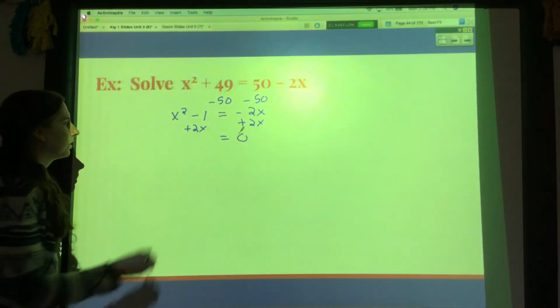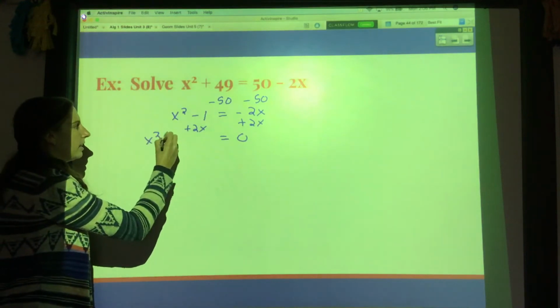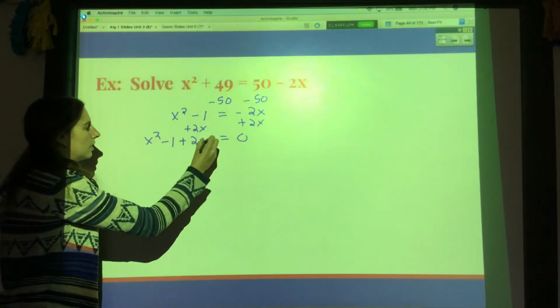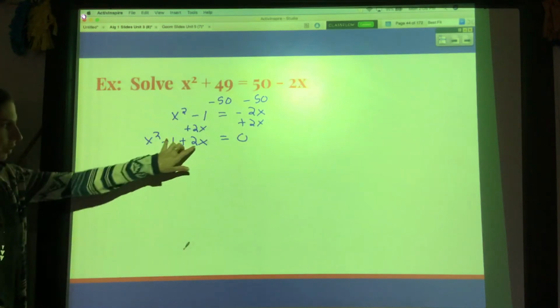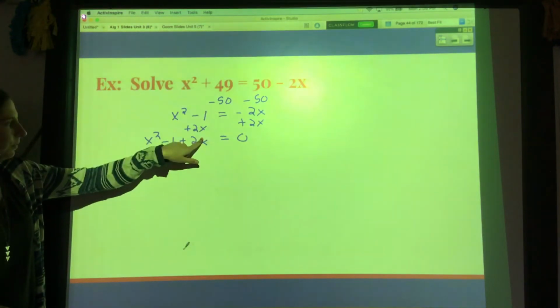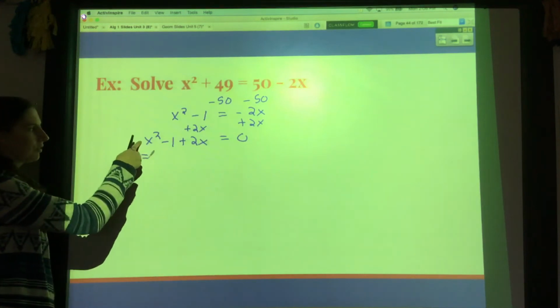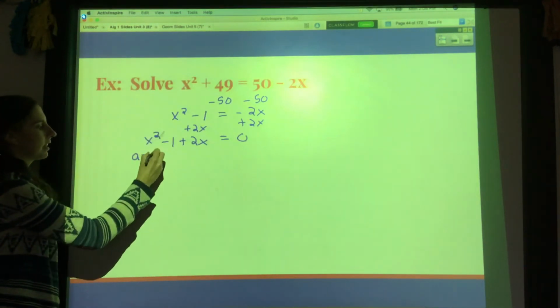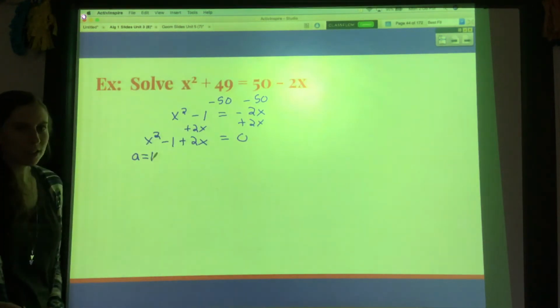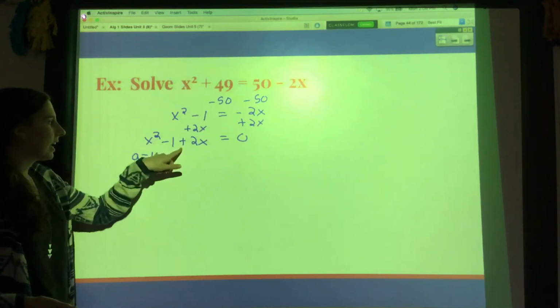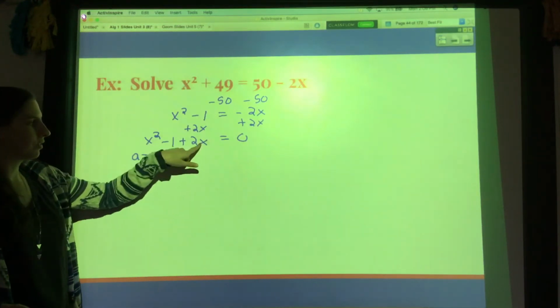All right, if you had it like this, you gotta be careful. This is kind of out of order. So when I'm identifying, A is whatever's in front of x squared. In this case, that's a 1. When I'm trying to find B, it's not just the next thing in line. B is whatever's in front of the x.